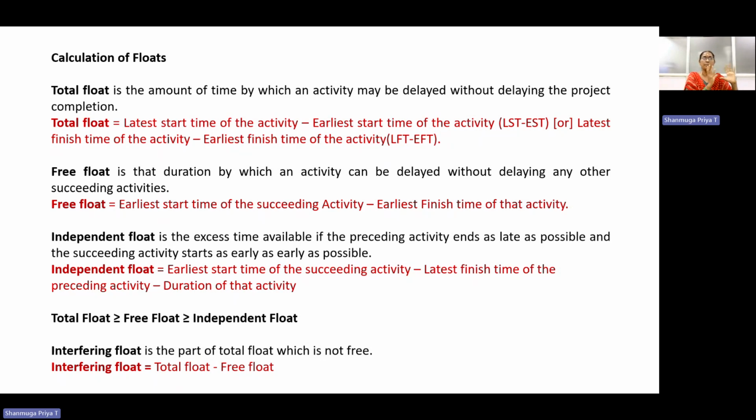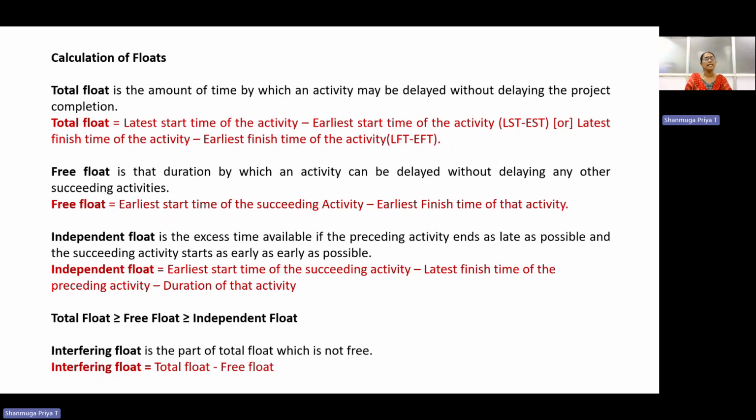There is a flexible time of the preceding activity which does not affect the succeeding activity starting as early as possible. So to calculate independent float, we have to consider the predecessor as well as the successor. The independent float of a particular activity depends upon the predecessor activity as well as the successor activity.